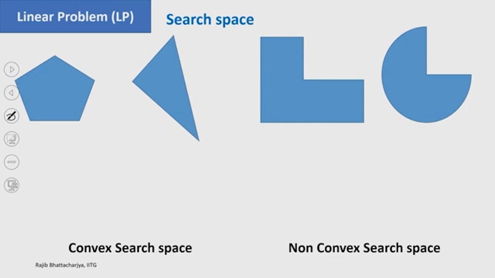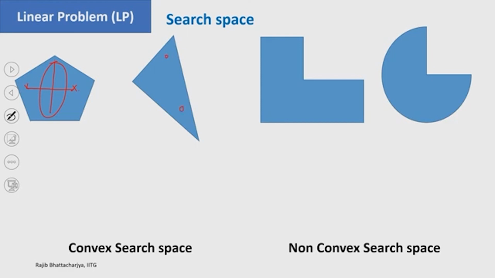Okay. So, for this particular search space, suppose I take any 2 points and draw a line, then whatever points are on this line will be within that search space. You take any 2 points, maybe I can take these 2 points, and all the points are within the search space.